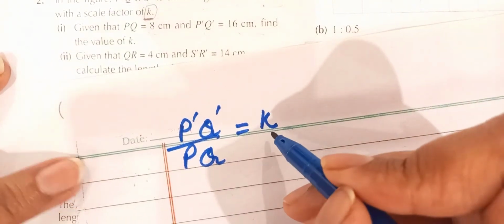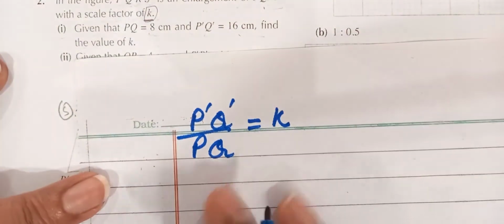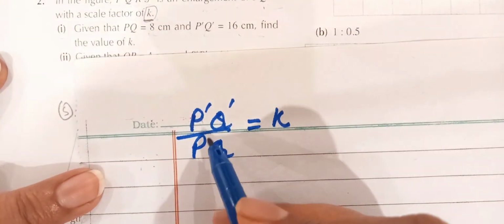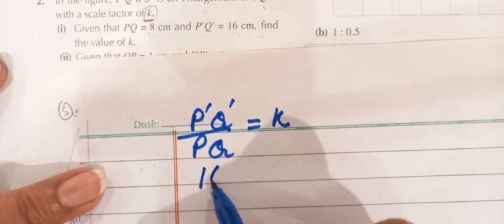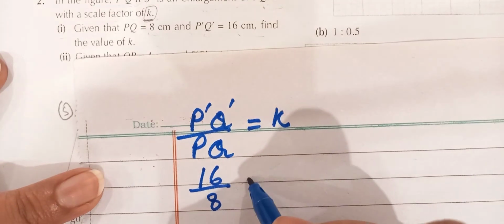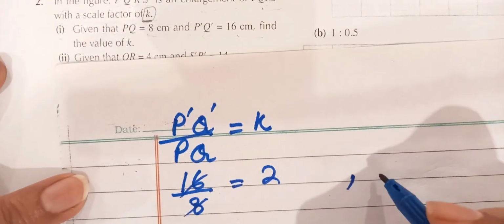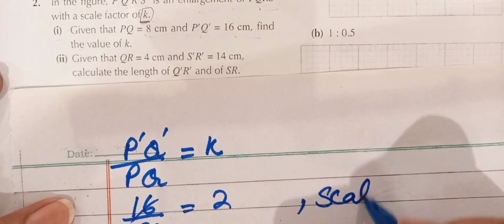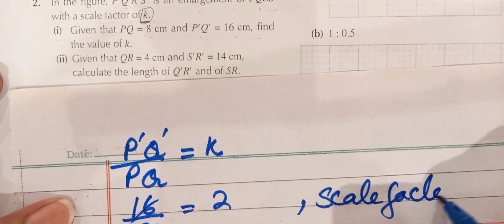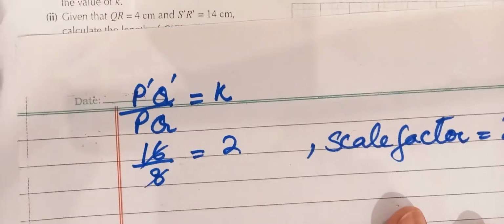Now here they have not given us the scale factor, but they have given us these measurements. P dash Q dash is equal to 16 and PQ is equal to 8, and when I cross them out, I get 2, which is our K. So the scale factor is equal to 2 for this entire question.